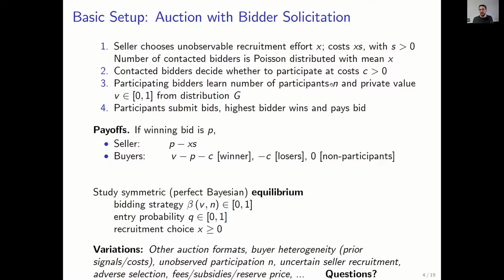Here I'm assuming that every bidder knows exactly how many other bidders there are at the bidding stage. We could also think about a setting, and we will actually think about a setting, where the participation little n is unobserved. So the bidders do not know how many other bidders they're competing against. And the seller may want to say, there are lots of other bidders you're competing against, so you have to submit a very competitive bid.